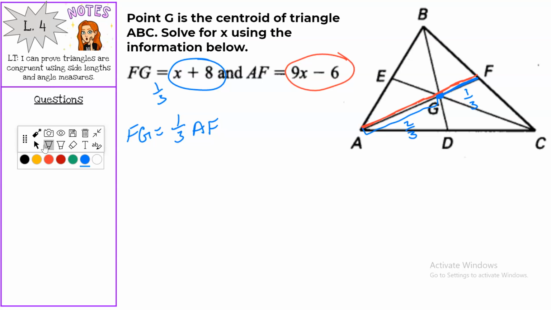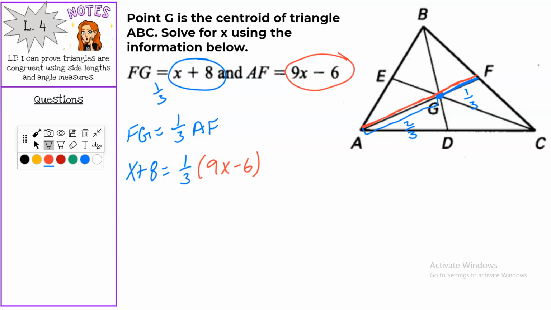Now we just have to plug in our pieces and solve our equation. So FG, x plus 8, equals 1/3 times AF. Make sure you put that in parentheses because it is the whole quantity, AF. And now we just need to solve.